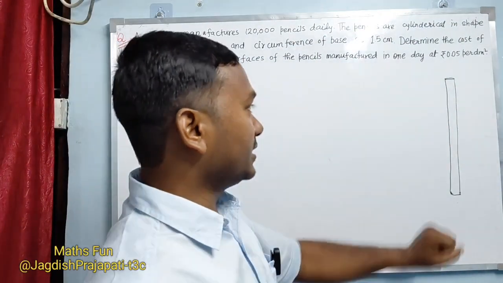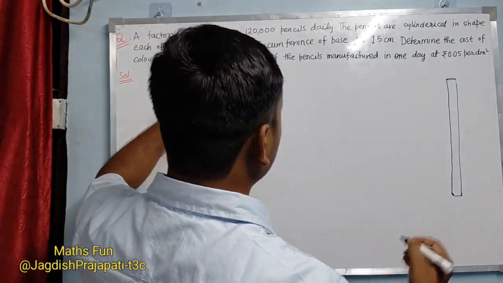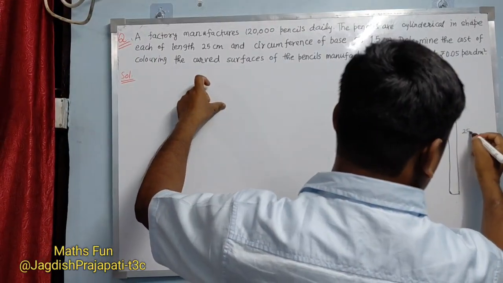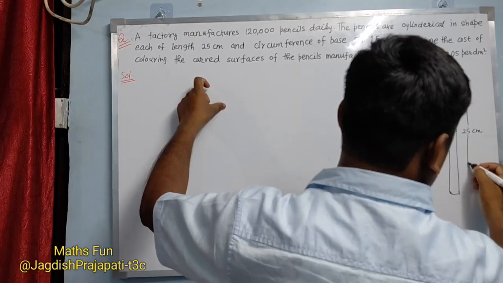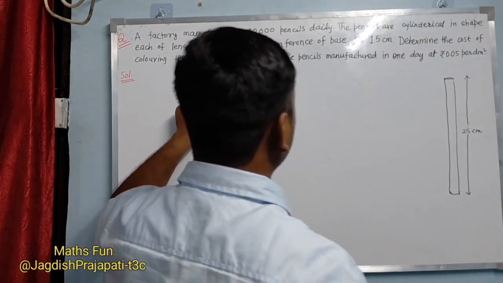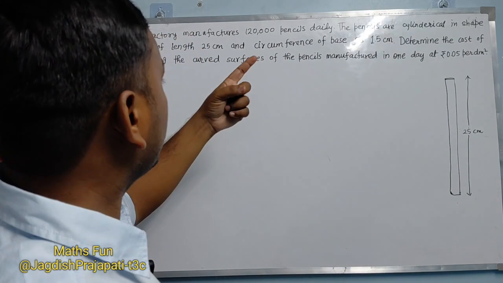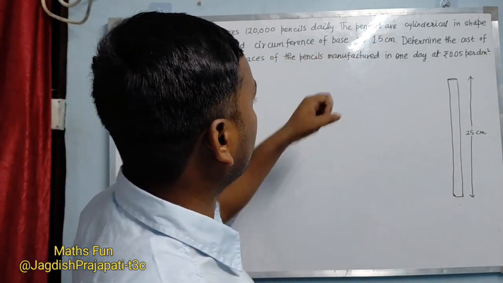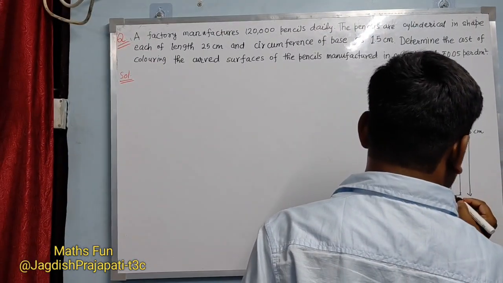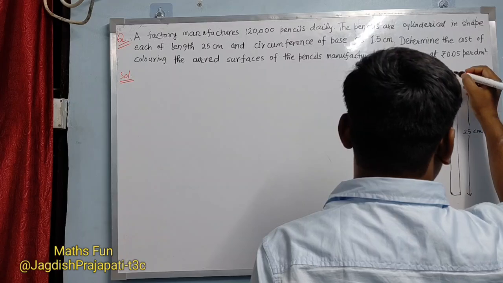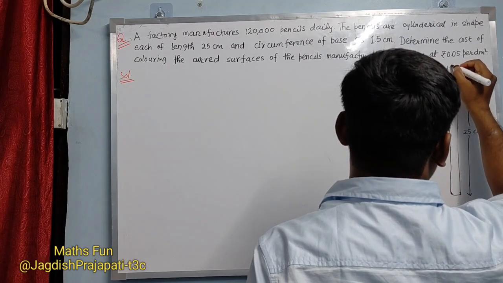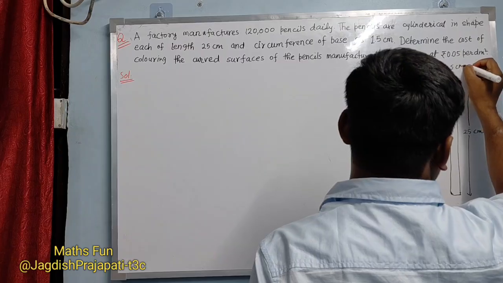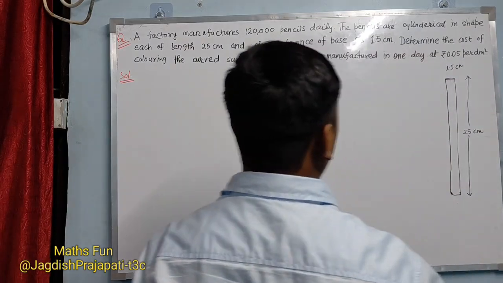So this is a pencil. Its length is 25 centimeter, and the circumference of the base is 1.5 centimeter.